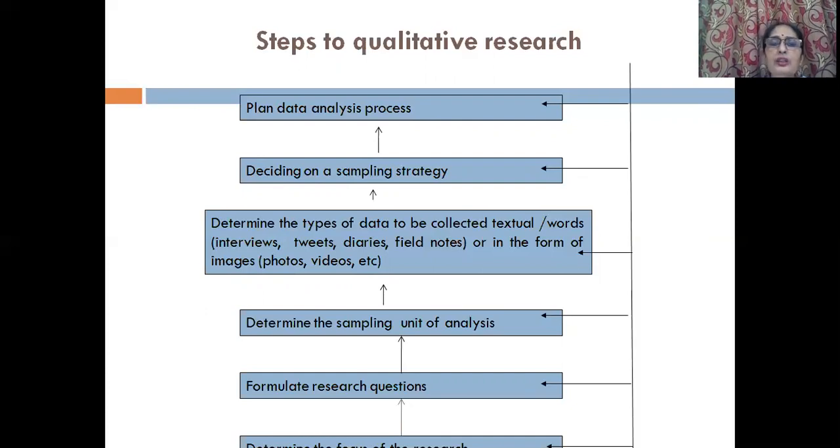For data analysis, we can use tools and software such as NVivo, which is very popular among corporates and researchers today. We can use tools of content analysis, thematic analysis, textual analysis, sentiment analysis, so that we are able to do the analysis part with the help of computers also, if not manually.